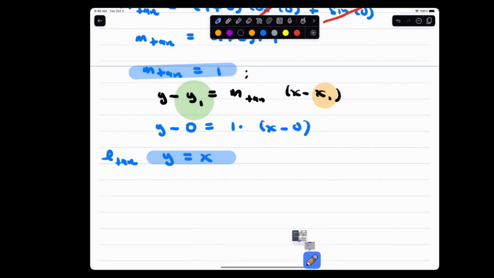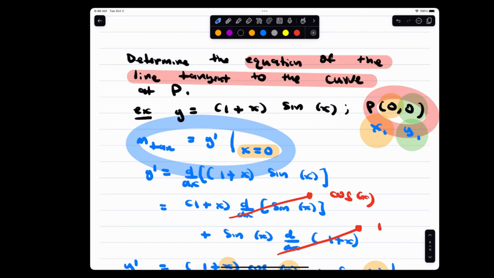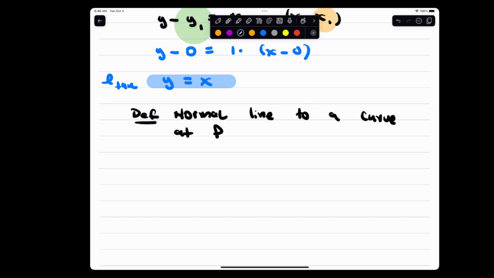I just want to go back a little bit because there's another definition I want to give you guys. Definition of the normal line to a curve at P. So you have some point, x and y.